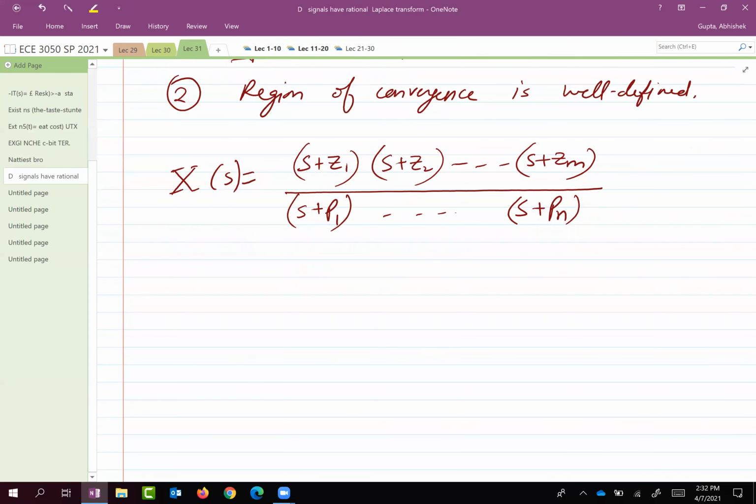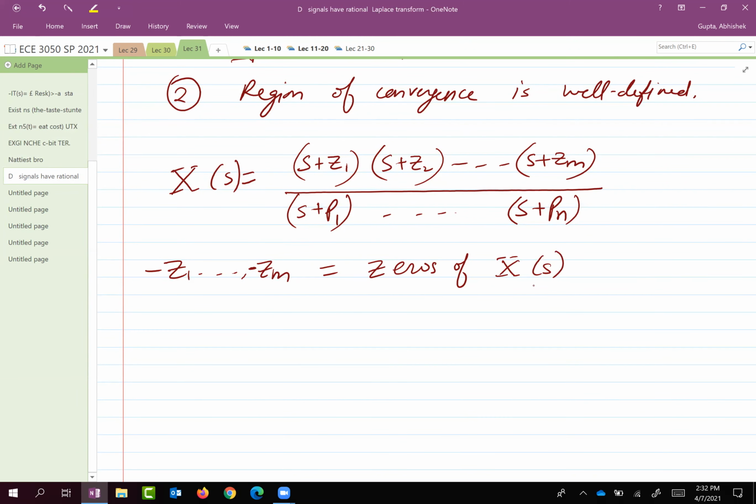And z1 to zm, these are called zeros. No, I think negative z1 to, let me write negative z1 to negative zm. These are zeros of X of s.